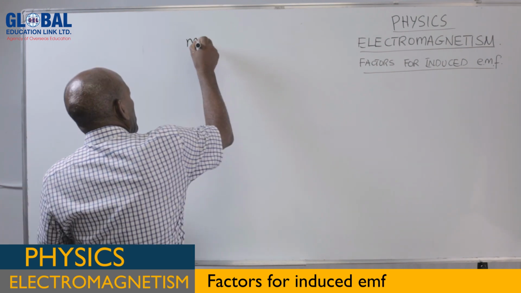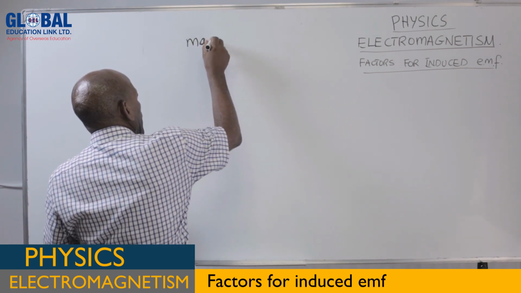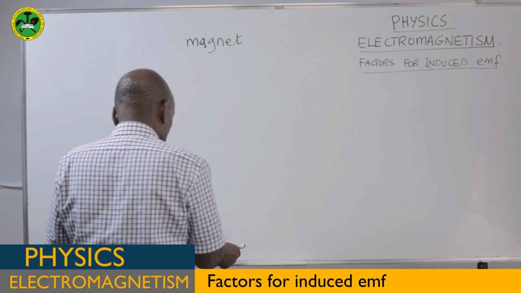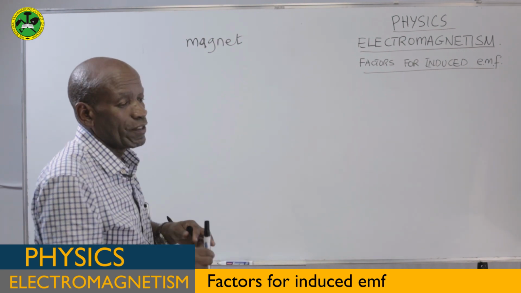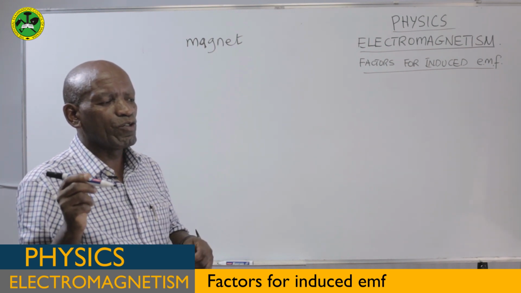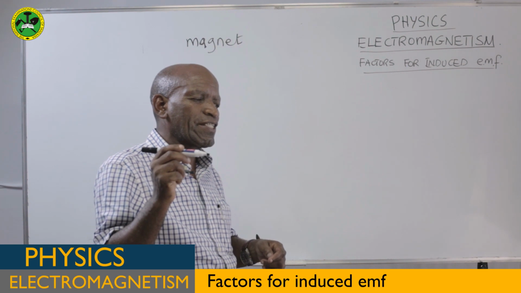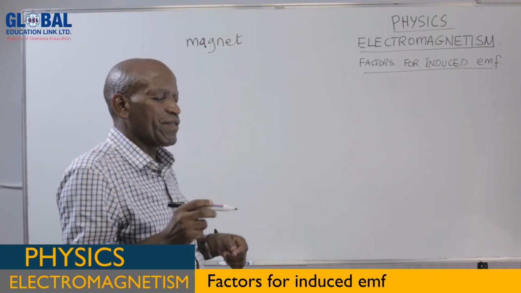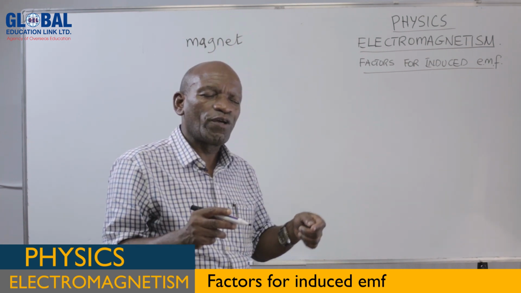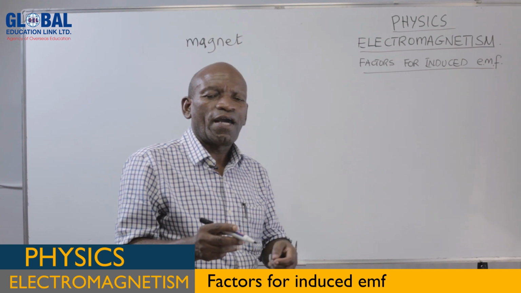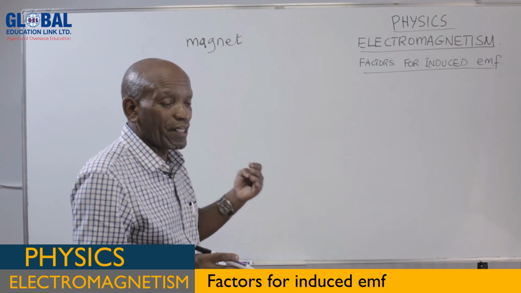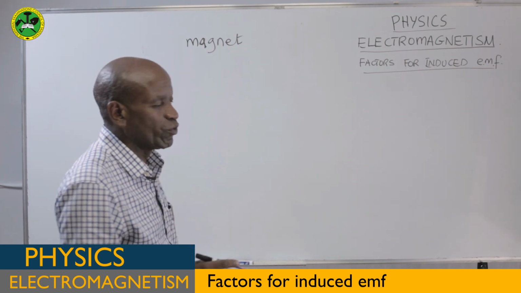For example, we can use a simple magnet. If you take a magnet very near to a conductor, the magnetic field which interacts with the coil will make the coil produce a small induced EMF, and that induced current will flow in a certain way.